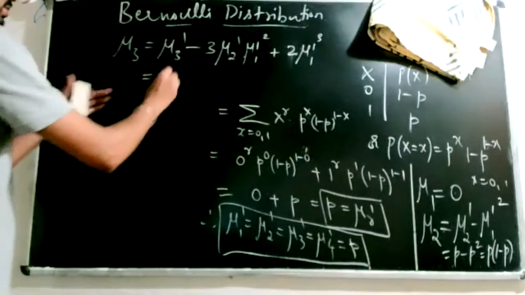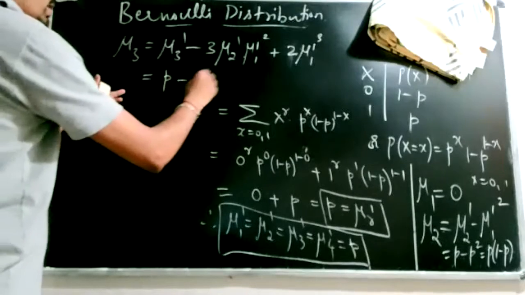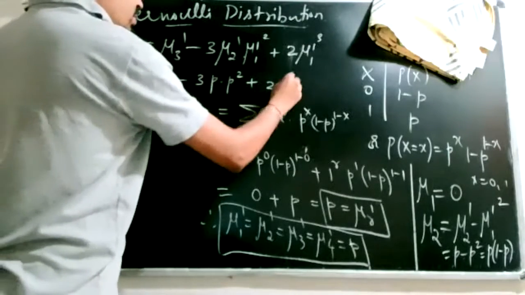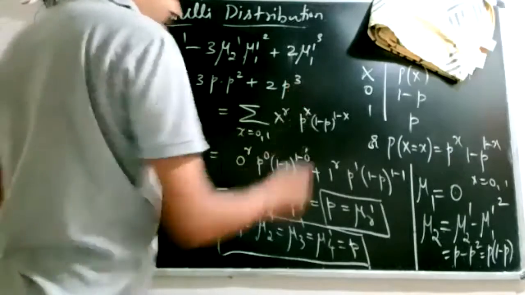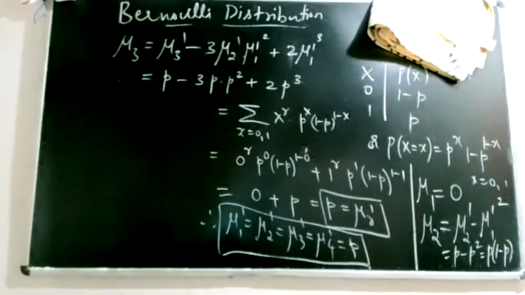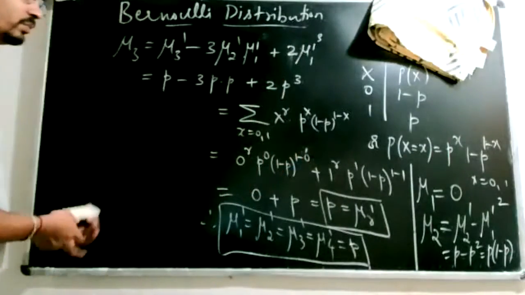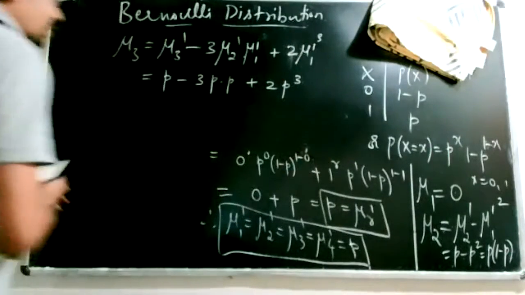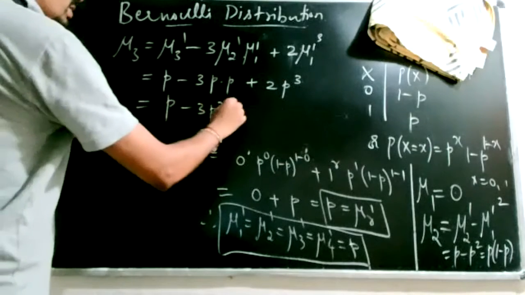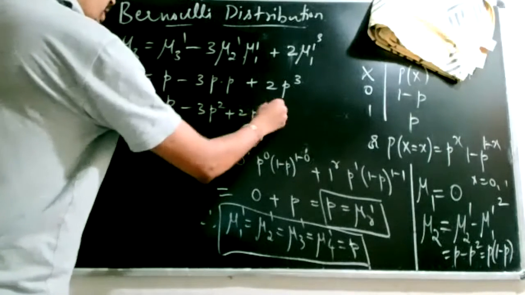When you substitute that, you get p minus 3p into p square plus 2p cube, which is p minus 3p square plus 2p cube.